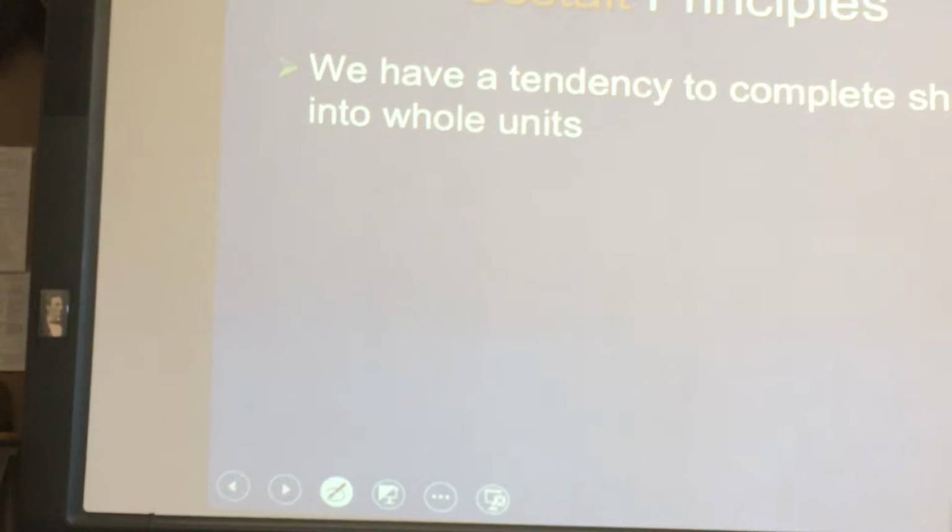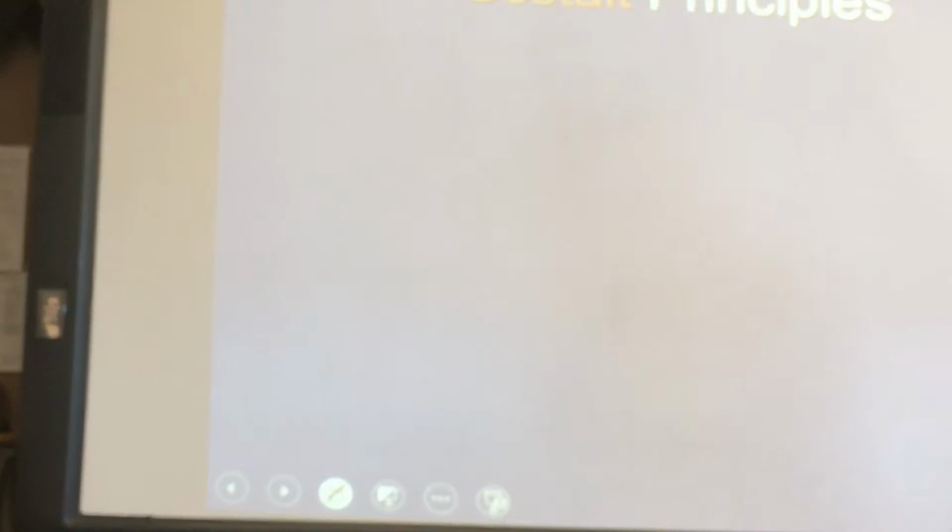We use Gestalt principles. Remember Gestalt? What's the quote? The whole is greater than the sum of its parts. So basically, when we think of Gestalt principles, we think of making meaning in two ways. What are the two ways?